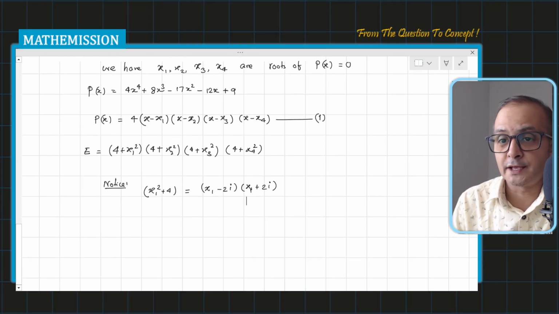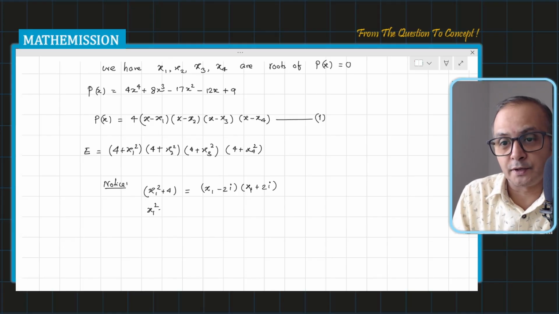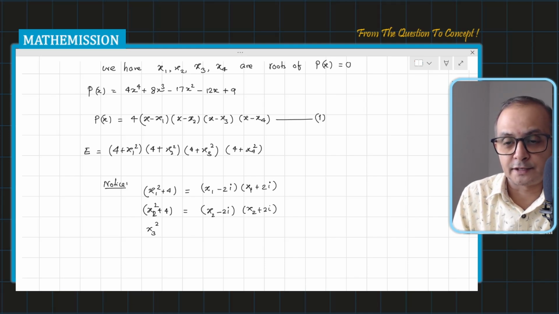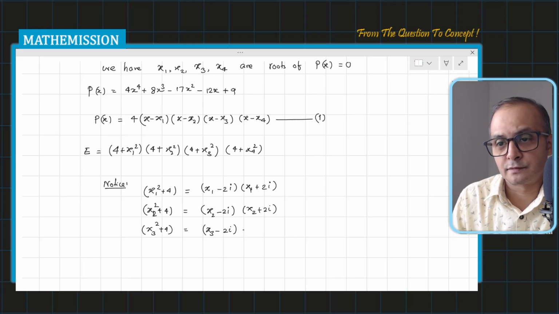Similarly, I can write x2 square plus 4 as (x2 minus 2 iota)(x2 plus 2 iota), and x3 square plus 4 is nothing but (x3 minus 2 iota)(x3 plus 2 iota).